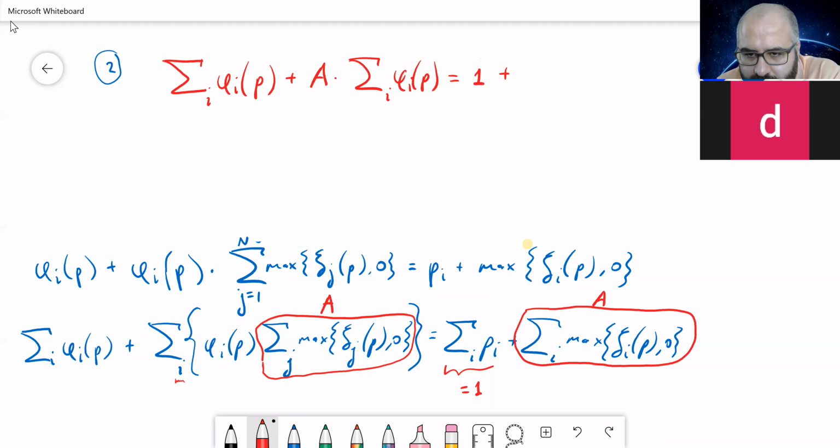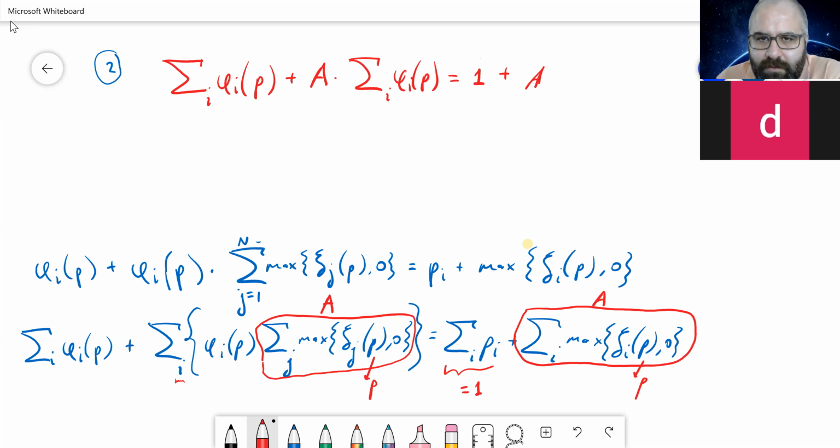It doesn't depend on how you index them. It basically records, at this price vector p, the summation of positive excess demands. So these are the same things.